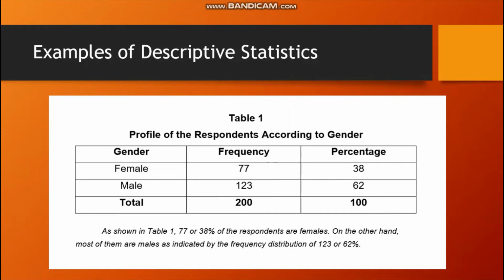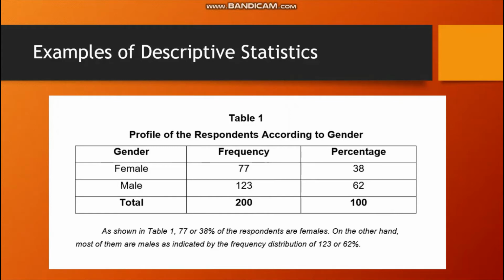And then sa dalom niya may ara explanation about it. So, as shown in Table 1, 77 or 38% of the respondents are females. On the other hand, most of them are males, as indicated by the frequency distribution of 123 or 62%.